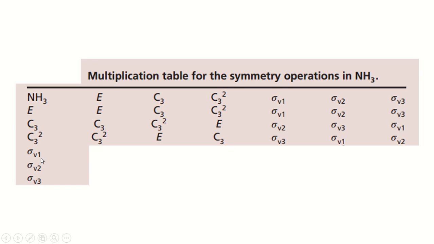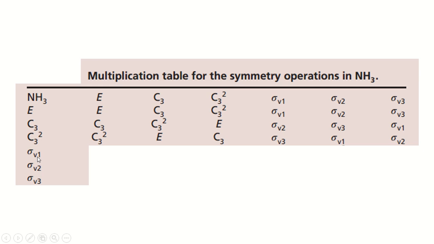We have to commute sigma V1 with the other symmetry operations in the rows. So first of all we need to apply sigma V1 with the other symmetry elements.